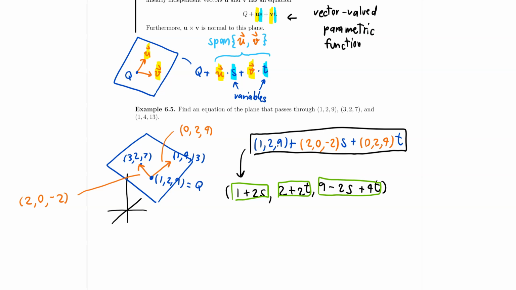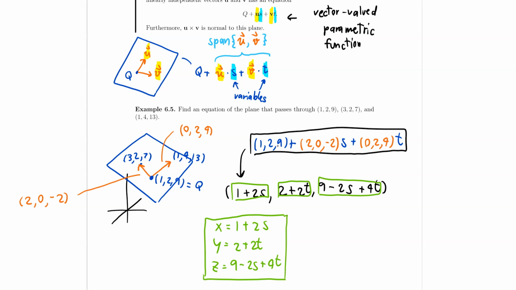I can write this out as a parametric equation: x is 1 plus 2s, y is 2 plus 2t, and z is 9 minus 2s plus 4t. So here is another way that I can write the equation for this plane.